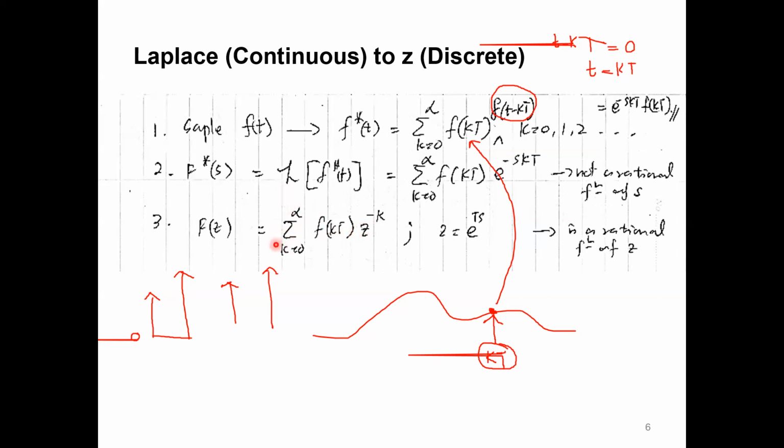So it's pretty obvious now that anybody should be able to evaluate the Z transform of a set of samples. If I give the sample sequence, you should be able to calculate the Z transform of that sample sequence.